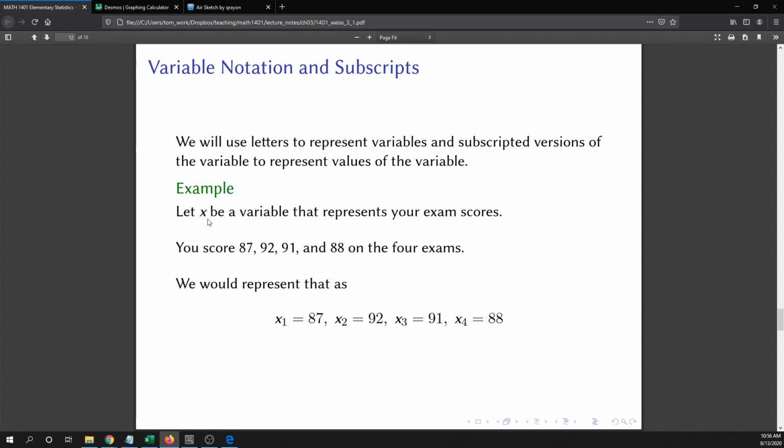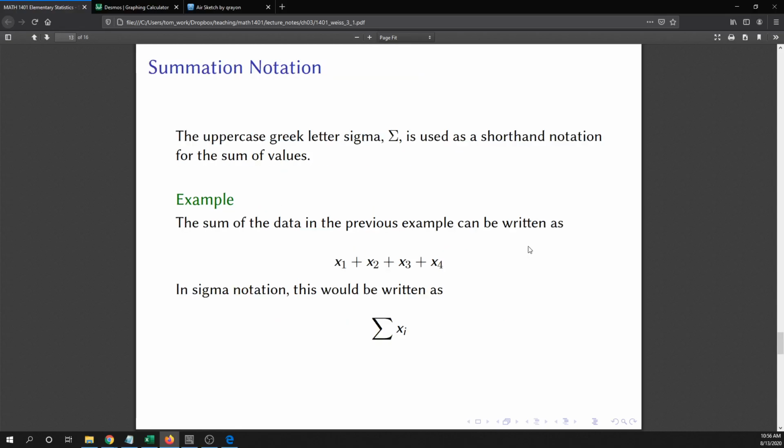We have a variable, we represent that with a letter, and then the values of that variable are represented by that same letter, just with subscripts. That brings us to summation notation. Summation notation is just a simple way of writing up the sum, or addition, of a bunch of values.